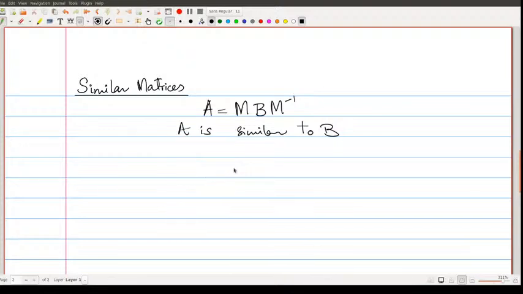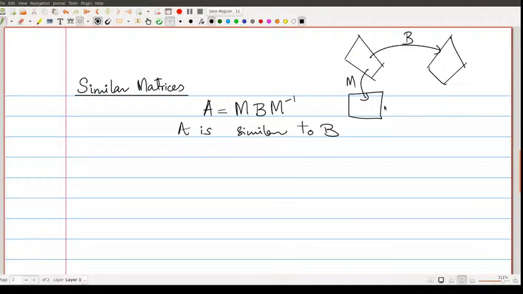And if you recall, we also looked at it in terms of a transformation that's doing the same thing as A. If this is, let's suppose, B, then if I first multiply it by, let's suppose, M, that takes me into the same space, but gives me a different basis for the same space, right?